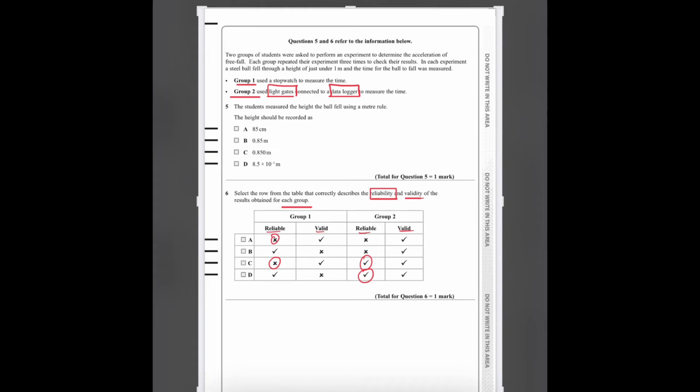It is because in question 5 it says that each group repeated their experiment 3 times to check their results. So regardless of the methods being reliable or not, the values are valid, since there is a low chance that all three of the results that group 1 and group 2 are getting are anomalous points.